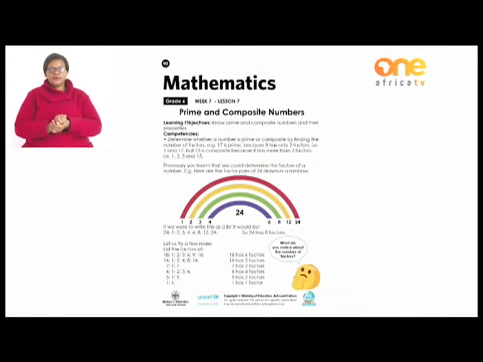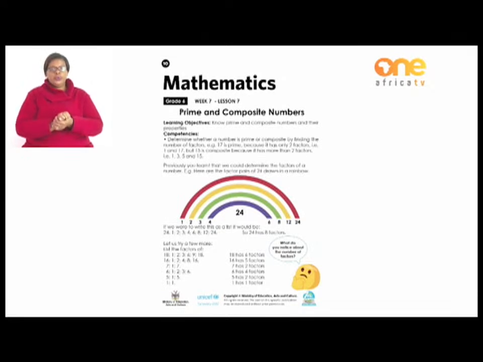So, follow with me. It says, previously you have learned that we could determine the factors of a number, okay? And here are the factor pairs of 24 drawn in a rainbow.